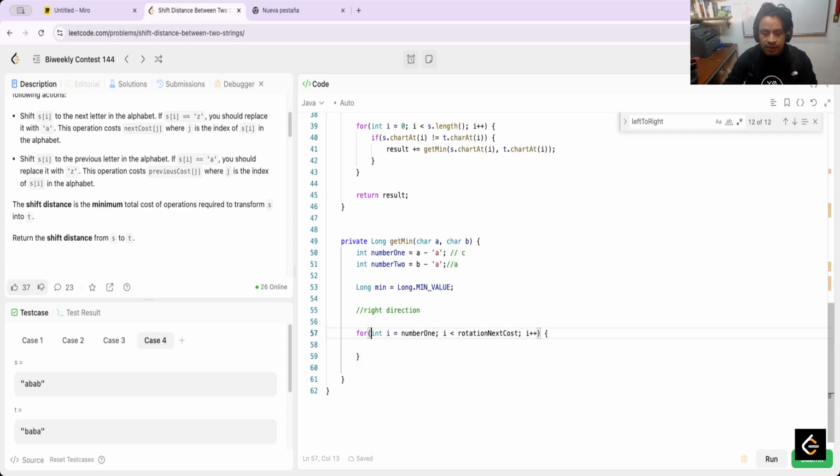In this case, for example, if we are in the C and we want to move in the right direction until reach, sorry, D, and we want to reach the letter V, in the moment that appear the first, in this case, for example, need to come back to the beginning. In this moment, I can break this for calculus the minimum and stop this for.